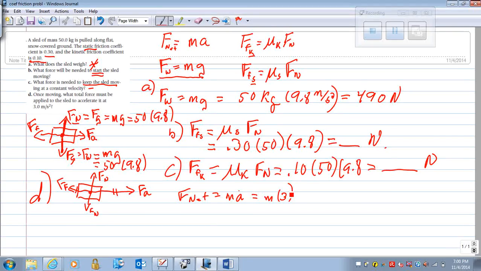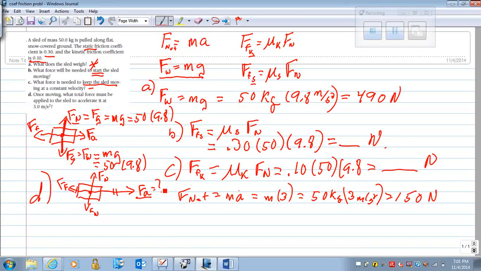Well, I know what the mass of this object is. It's 50. So my net force is 50 kilograms times 3 meters per second squared. I really should put in my units. Which means that my net force, when it is accelerating at 3 meters per second squared, is equal to 150 newtons. But that wasn't the question. The question was, what is the total force that I have to apply? They want to know, what is this right here?